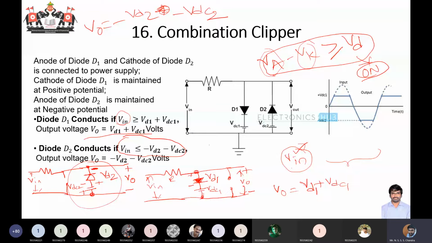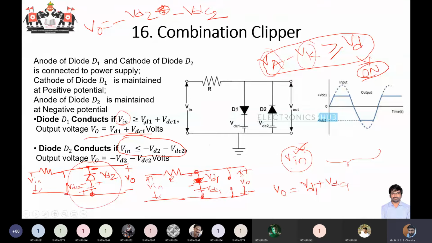So whenever you are analyzing any clipper circuit, always redraw your equivalent circuit. When the diode is conducting, what will be the circuit? When the diode is not conducting, what will be the circuit? These two conditions you need to observe, because you will not be able to learn all these equations by heart. We have a large number of circuits, almost 16 circuits you have seen till now.